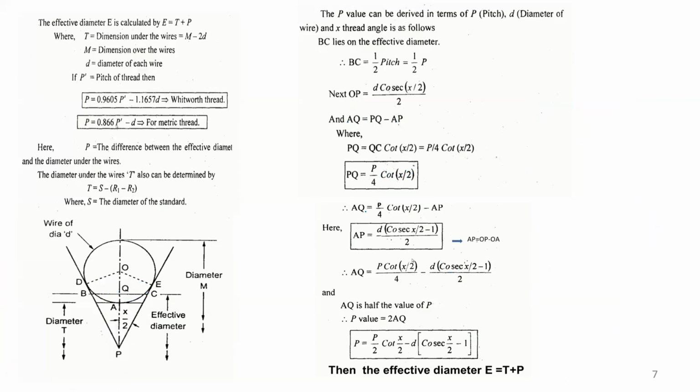So in order to find out the AQ value, sorry, AP value. So AP is equal to OP minus OA. So OP minus OA will give us the AP.